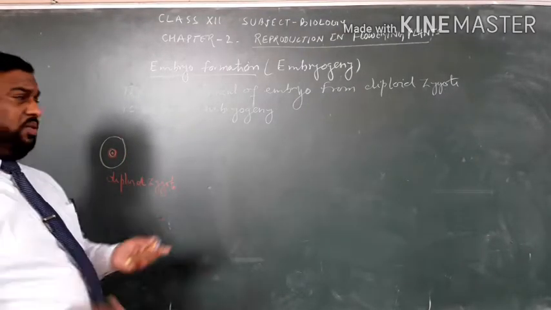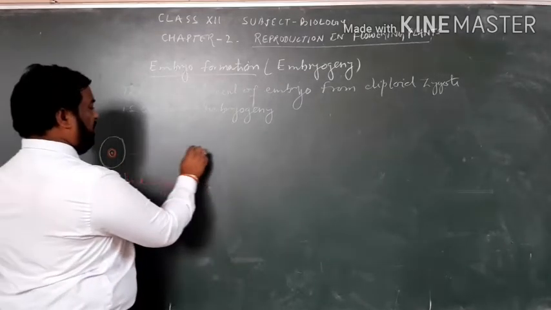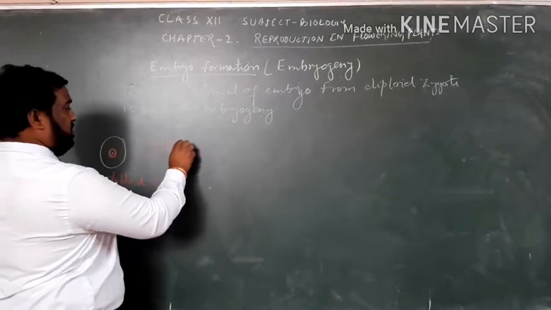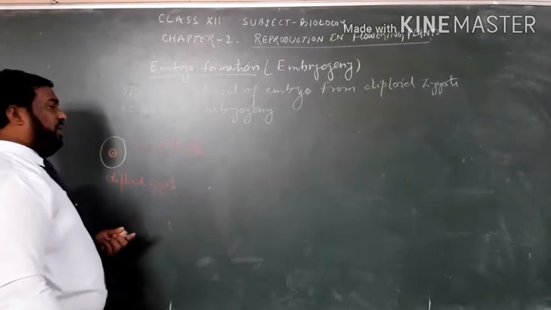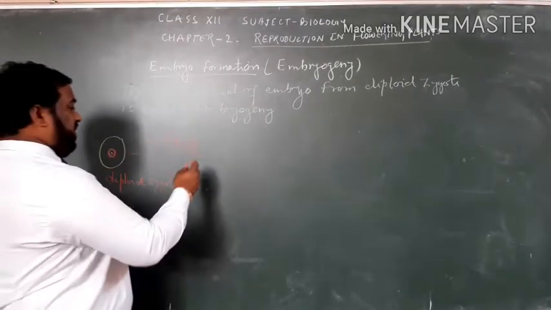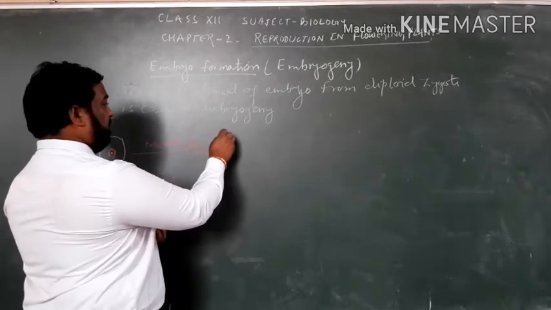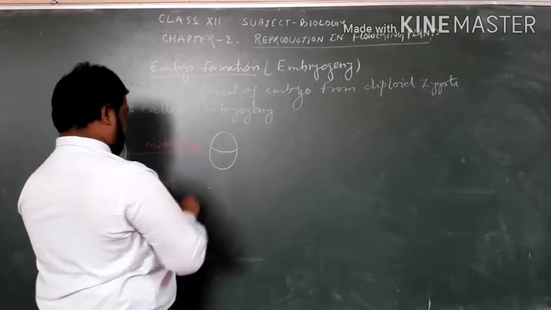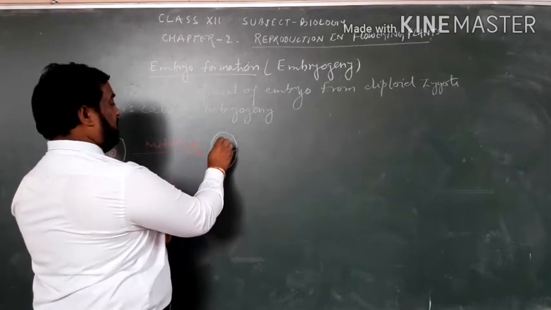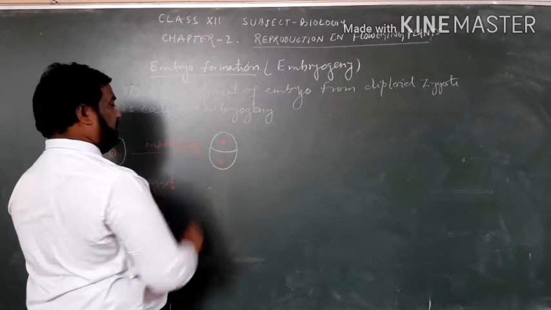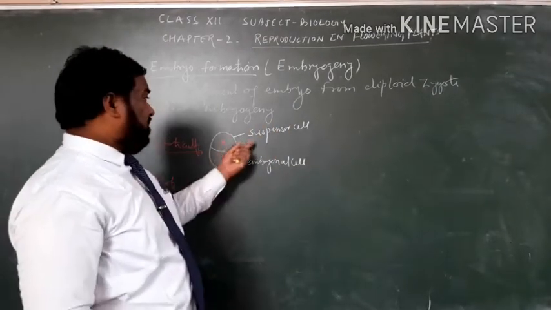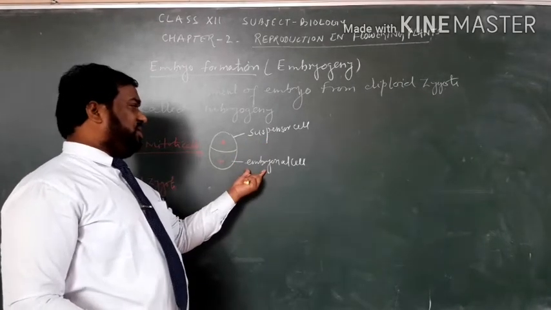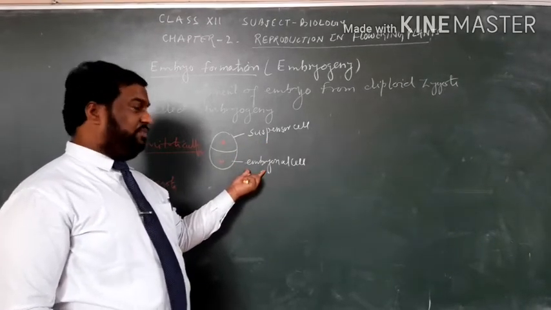Now this zygote divides mitotically. So it forms two cells, upper and lower. Upper cell is the suspensor and lower cell is the embryonal cell.